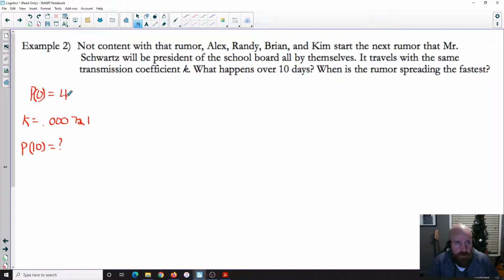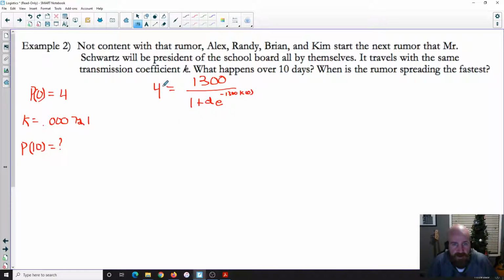We know p of 0 is 4, so we need to find that d value again, though. That's going to change. So p of 0 equals 1300 over 1 plus d, e to the negative k times 0. It doesn't matter what k is, I'm just going to write k because we're multiplying by 0 anyway. So e to the 0 is 1.